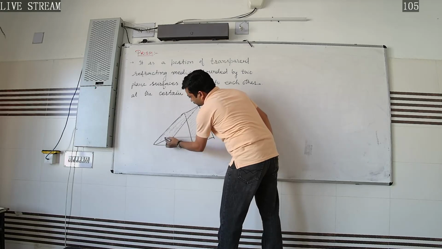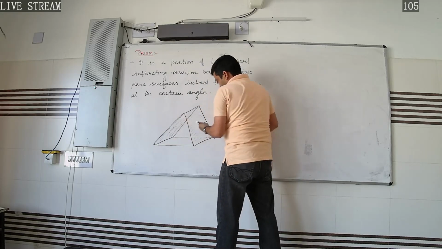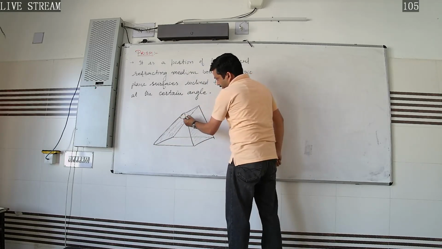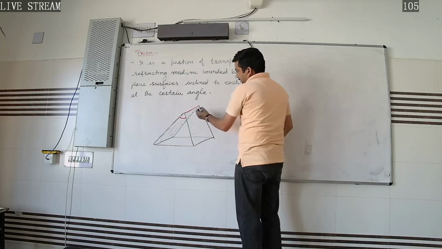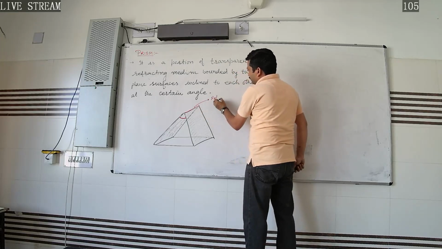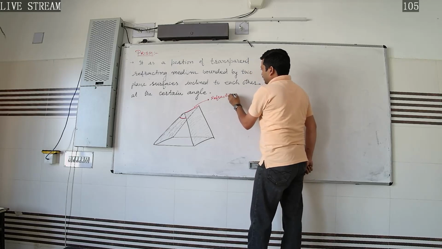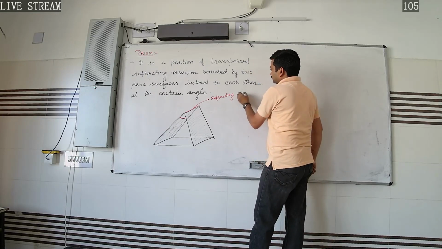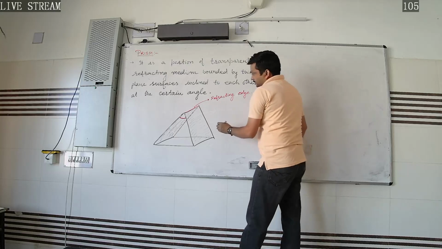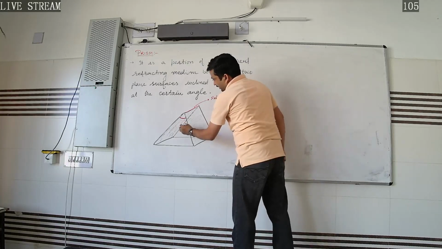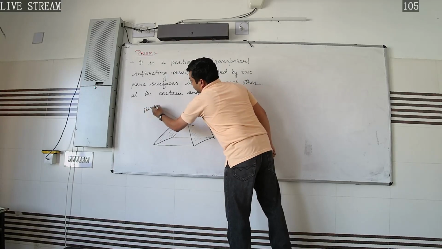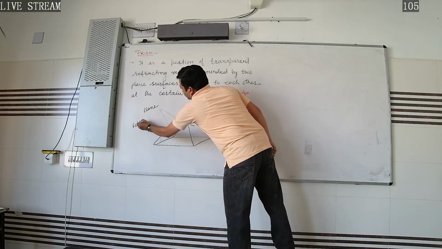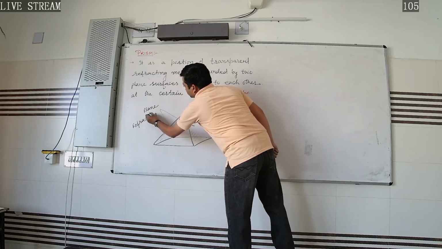I am shading it, and this angle is what we call the angle of prism, and this edge is called the refracting edge. And these are the two plane refracting surfaces.